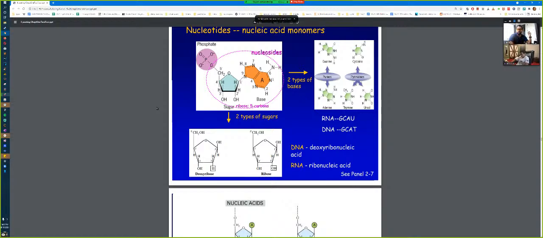So for nucleotides, do you see how the deoxyribose and ribose differ? Yes, the ribose has that extra OH group.